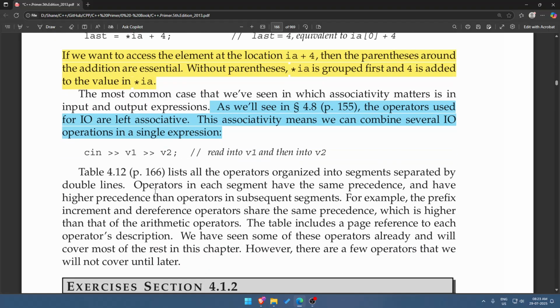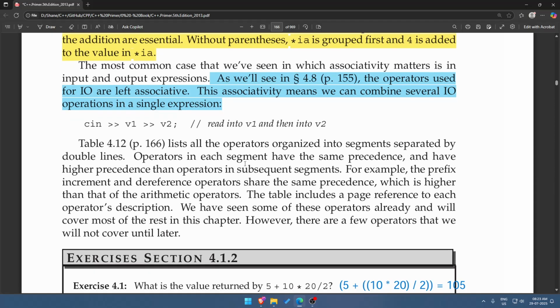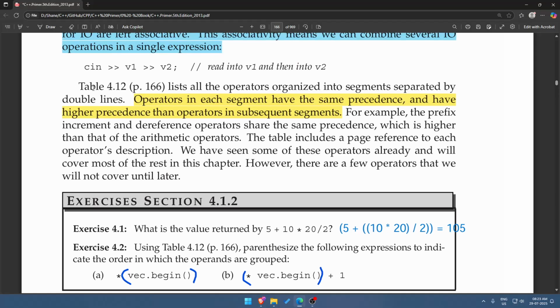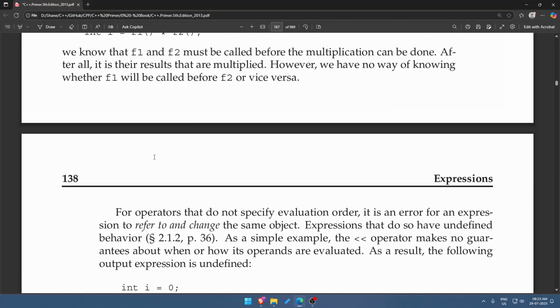Okay, table 14.12 lists all the operators organized into segments separated by double lines. Operators in each segment have the same precedence and have higher precedence than operators in subsequent segments.